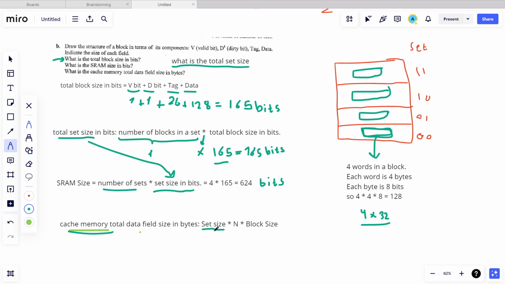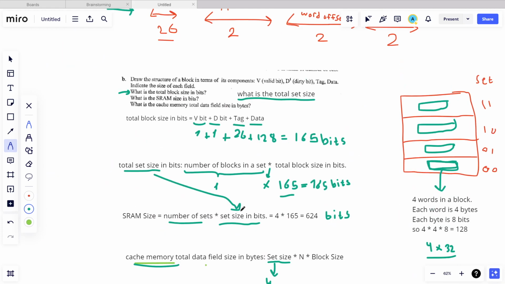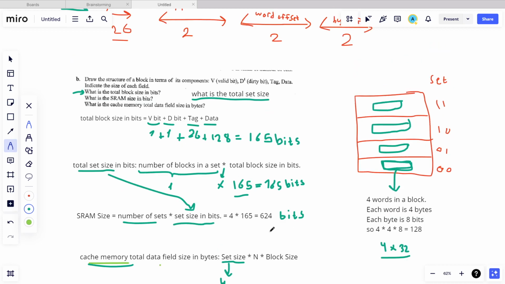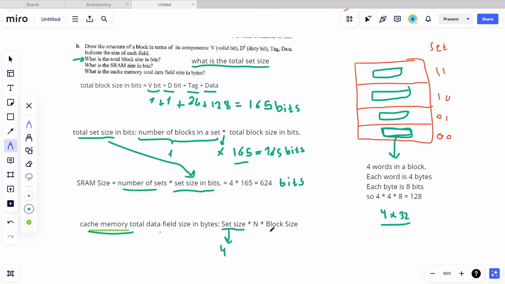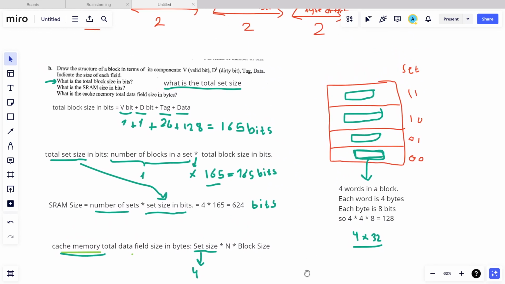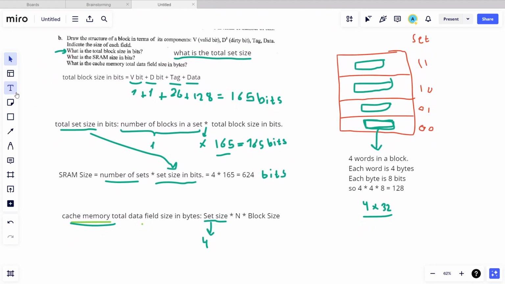We have set size, and we said set size is 4, where it's already mentioned up here. Number of sets is 4. This can be addressed as set size, and it can also be addressed as number of sets.